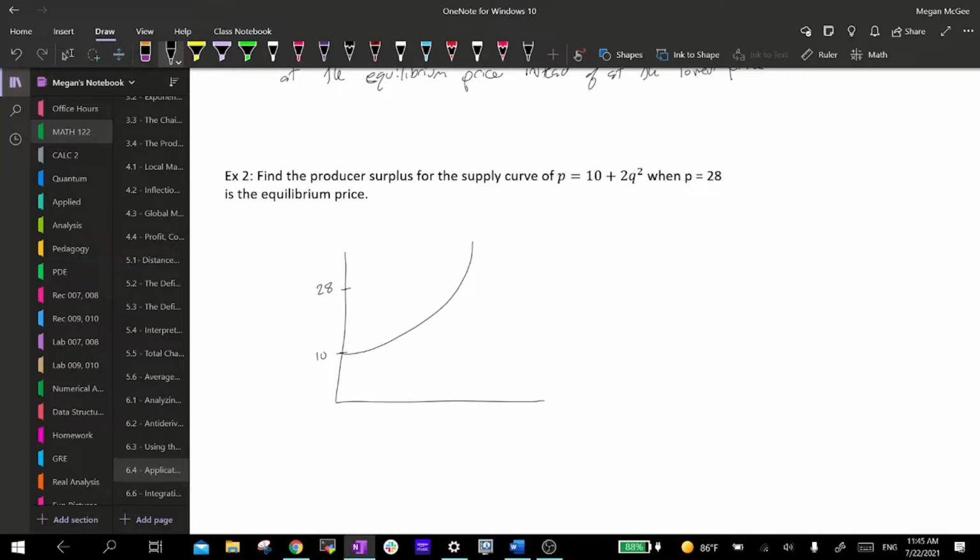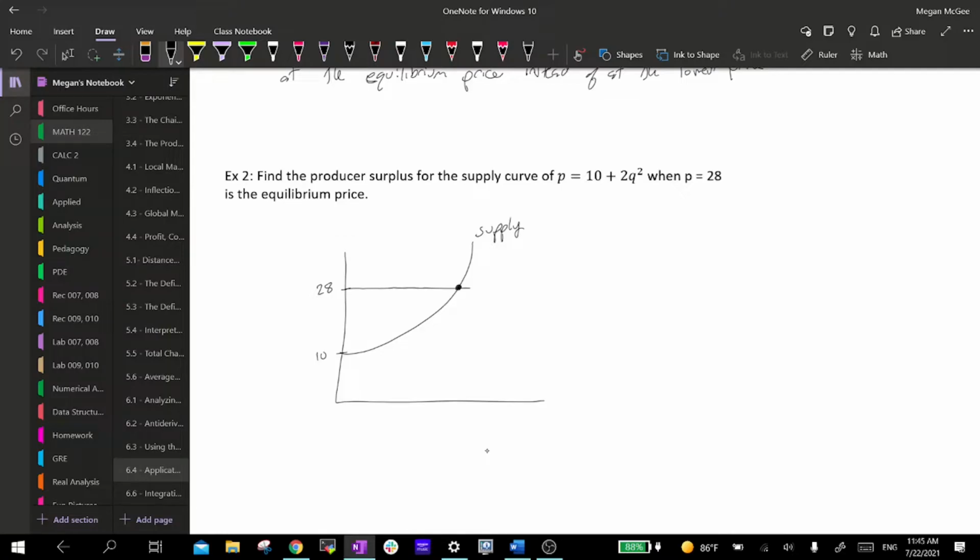So P is equal to 28 comes out to here. And they intersect at our equilibrium point. Okay, so our producer surplus is the area between our supply curve, which is this one, and our horizontal line at the equilibrium point.